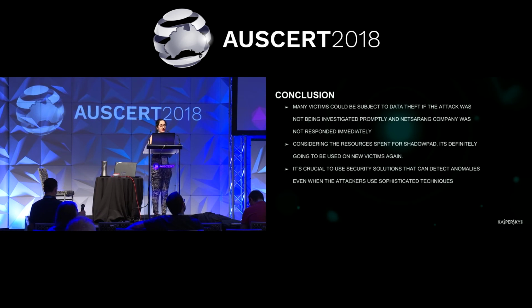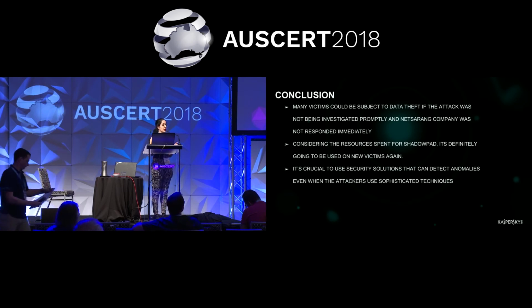Conclusion. If the attack on NetSarang was not stopped early, and if the company didn't respond early to take the infected software off their systems, it would infect lots of organizations around the world. That's how it happens in supply chain attacks.